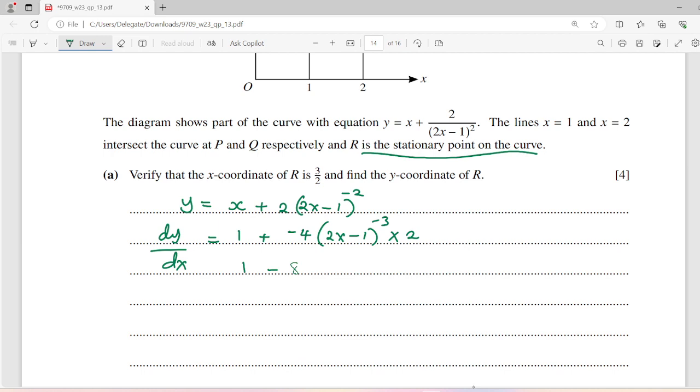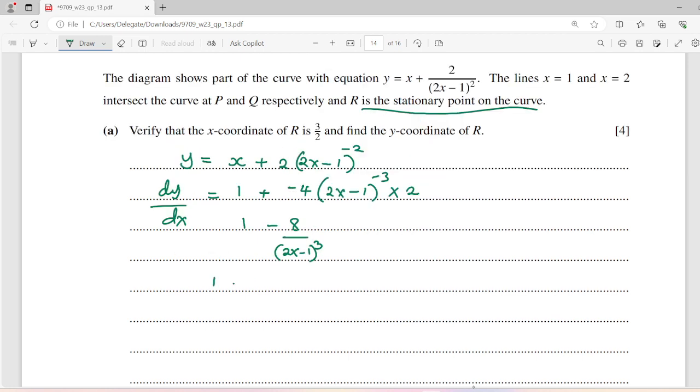But remember, at the point of turning, your dy dx is equal to 0. So I'll say 1 minus 8 over 2x minus 1 cubed is equal to 0. So what I do, I'm going to take this expression to the right, so that I have 1 equaling 8 over 2x minus 1 cubed.